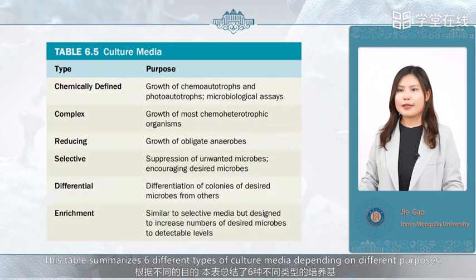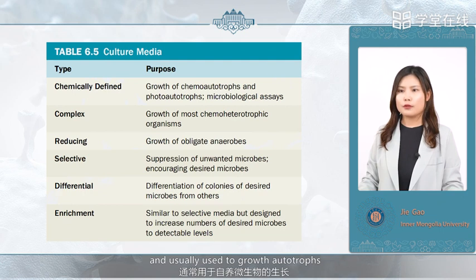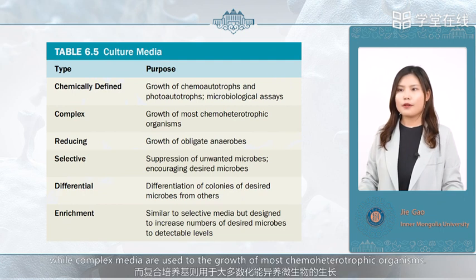This table summarizes six different types of culture media depending on different purposes. A chemically defined medium is one whose exact chemical composition is known and is usually used to grow autotrophs, while complex media are used for the growth of most chemoheterotrophic organisms.